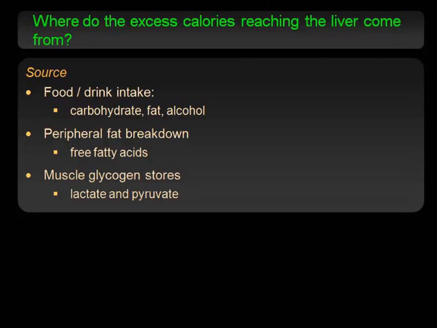So let's look in more detail at the liver and where these happenings occur. Now, of course, calories can come from food and drink intake in various forms. In fact, glucose, fructose, fat, alcohol, they can come from peripheral fat breakdown, and they can come from muscle glycogen stores acutely after meals as lactate and pyruvate. So the liver, in fact, gets its calories and therefore excess calories from various sources.